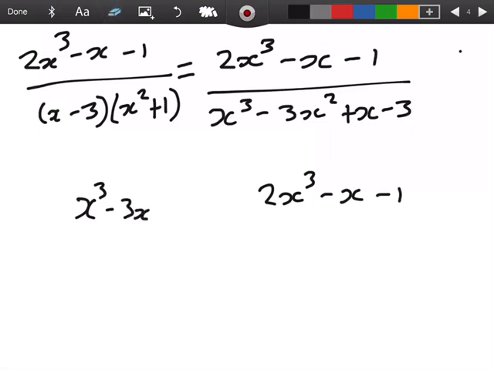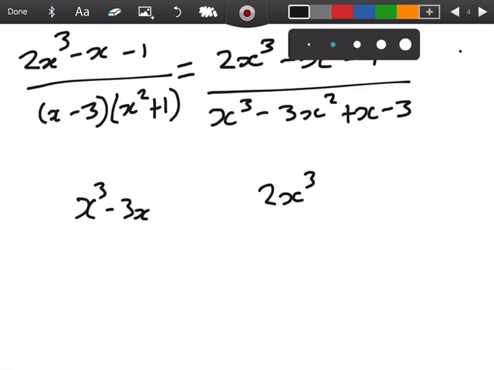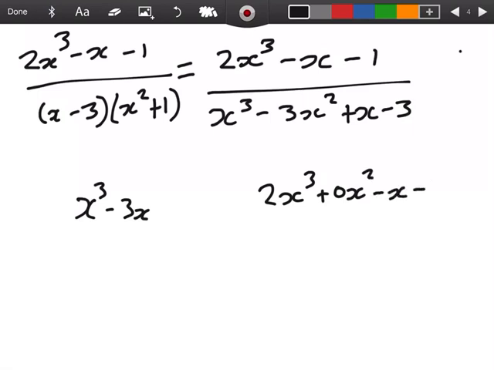Oh, sorry, that's incorrect again. It's late at night, sorry. So since we're missing an x term, we have to put 0 in the ones we're missing. So plus 0x squared minus x minus 1, over x cubed minus 3x squared plus x minus 3. Then we divide that all again.